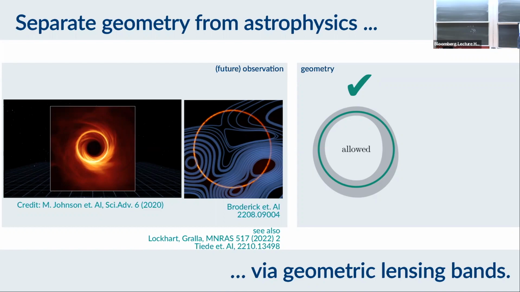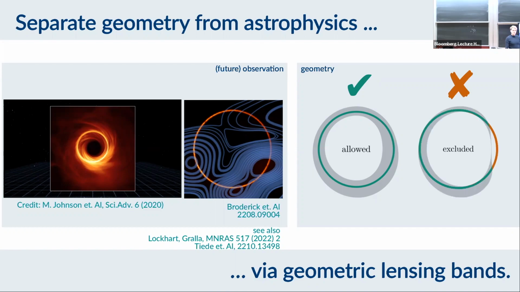And if it does fit, there might be some emission model, maybe it's a weird emission model, but there might be an emission model which does that. So I can't exclude that geometry. But in the other case, where I can't fit that experimental region in the lensing band, that really means there's no equatorial emission model which can have generated the emission that I see. So then I'm really starting to disfavor these geometries.